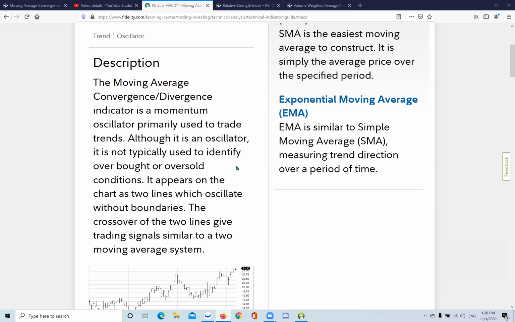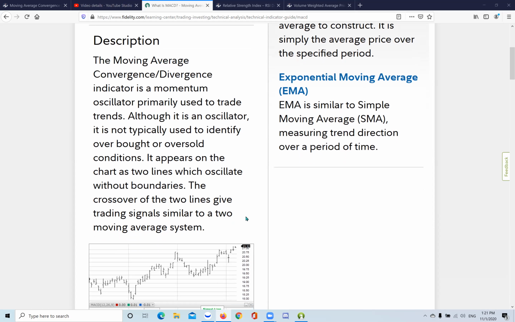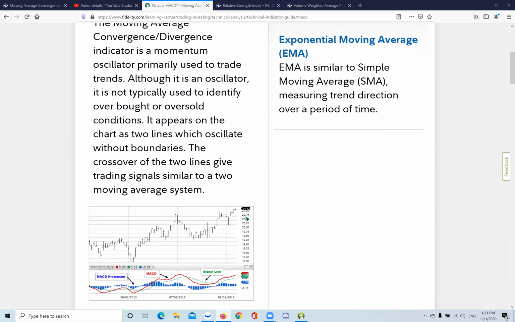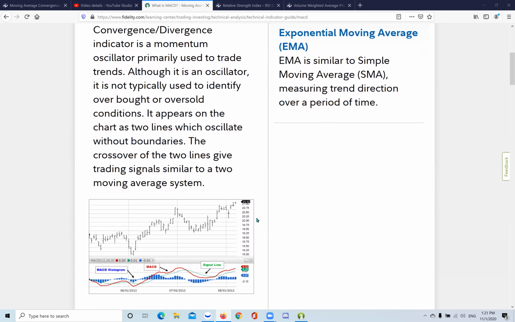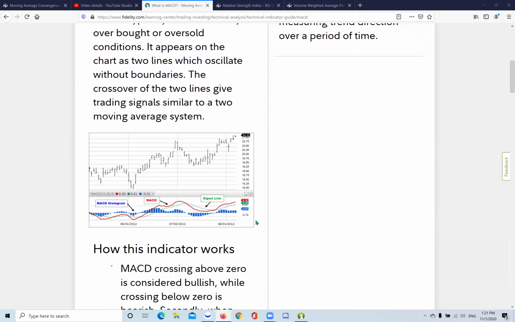Although it is an oscillator, it is not typically used to identify overbought or oversold conditions. It appears on the chart as two lines, which oscillate without boundaries. The crossover of the two lines gives trading signals similar to a two moving average system.